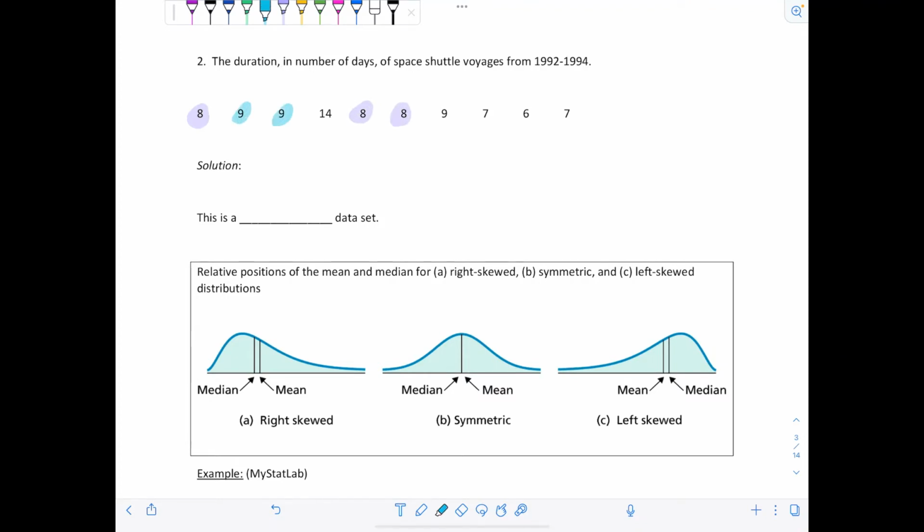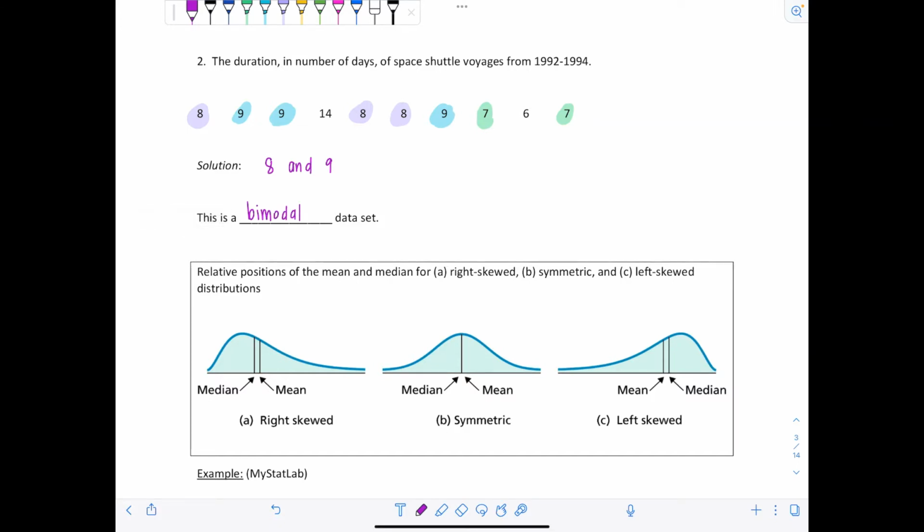Here's a 9, 9, 9. 14, that's just there once. And then I see two 7s. So the values that appear the most often are both 8 and 9, right? They each appear three times. So this is an example of a bimodal data set.